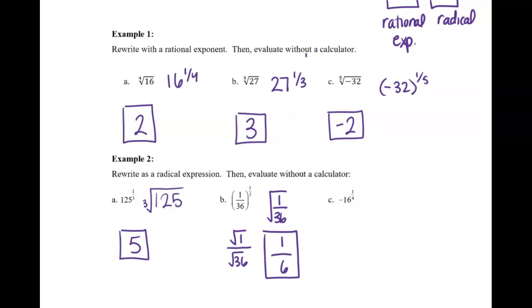For C, this negative sign is outside, so it's not in the parentheses, so it's going to be outside our root. So we have a negative sign, and then we have the 4th root of 16. Since 2 to the 4th is 16, this part is 2. Bring down our negative sign.